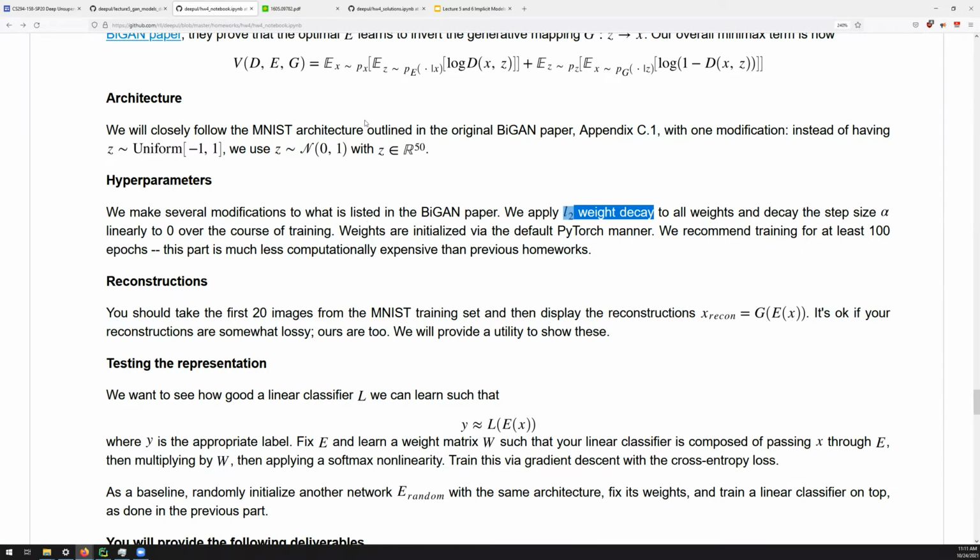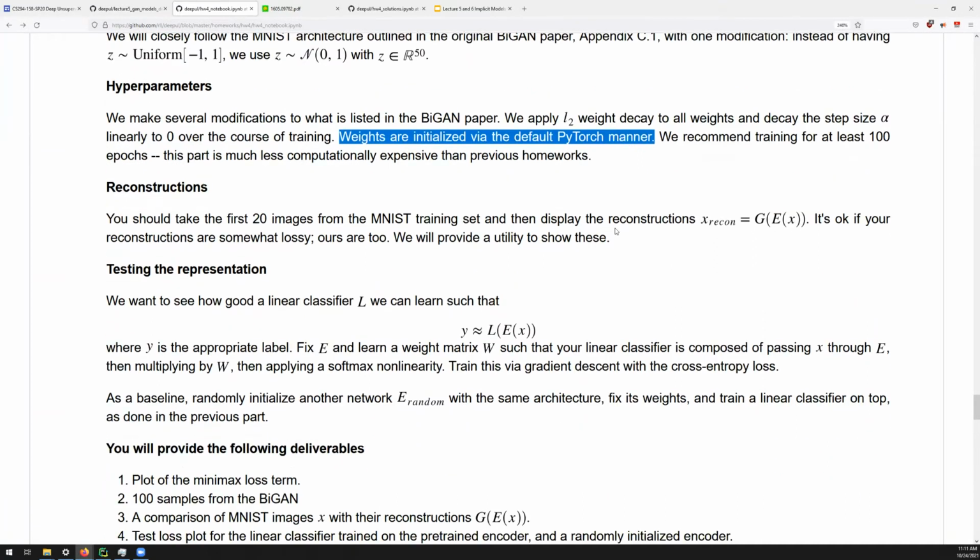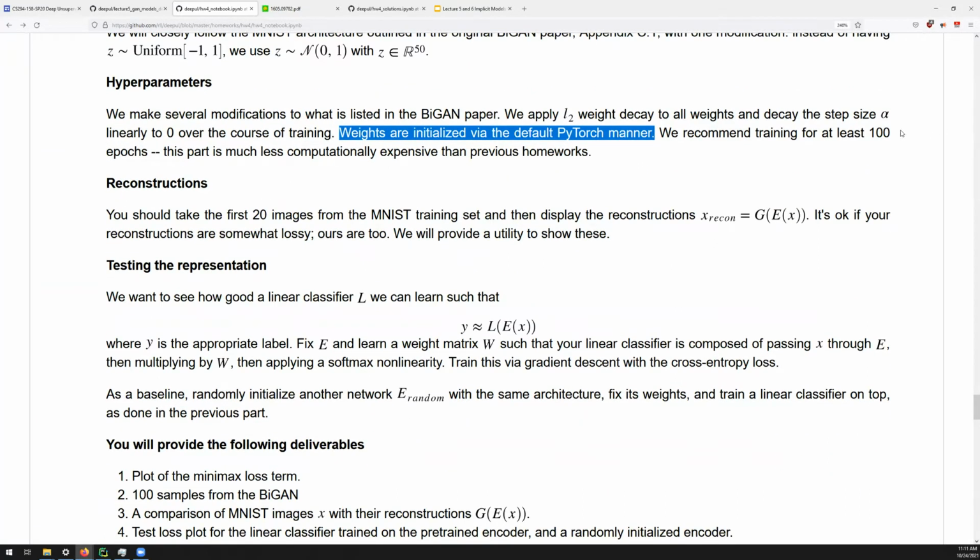It goes along with the optimizer but decreases the weights over time. We'll initialize the weights using default PyTorch, and it says 100 epochs.